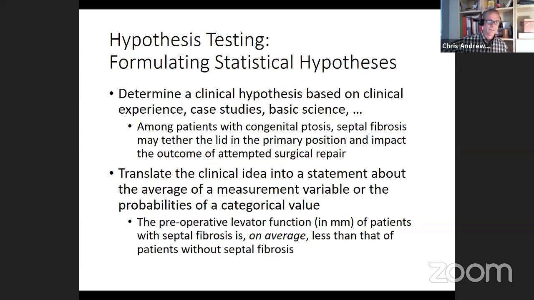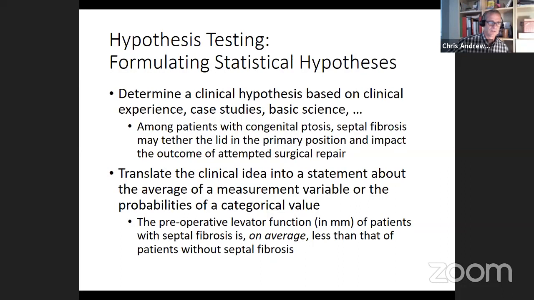I do want to point out that this statement does not cover everything that's in the bullet point above, where it said this may impact the outcome of attempted surgical repair. Right now, we're just investigating the initial piece, whether septal fibrosis and levator function are related to each other.